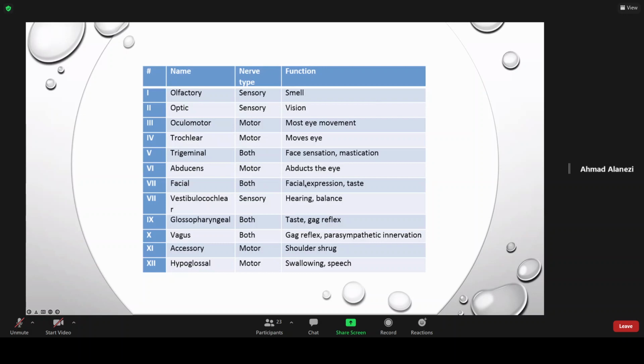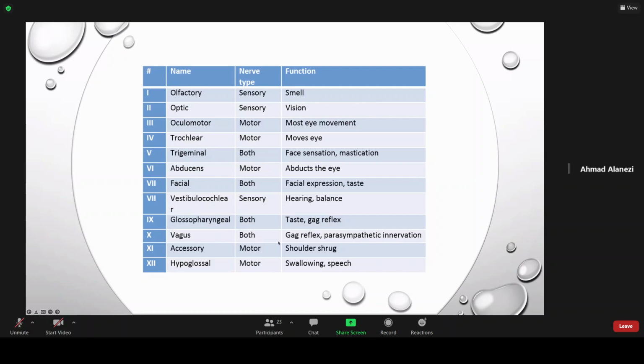It's both sensory and motor. It's responsible for facial expression and anterior 2/3 of the tongue taste. Vestibulocochlear, from the name, is responsible for hearing and balance. Glossopharyngeal also plays a role in taste and gag reflex and sensory and motor function of the pharynx. As well as the vagus nerve.